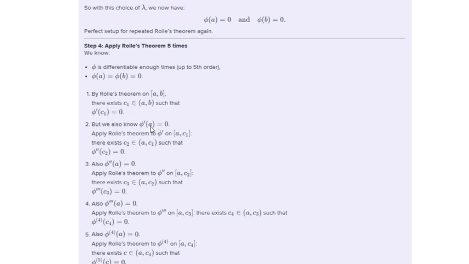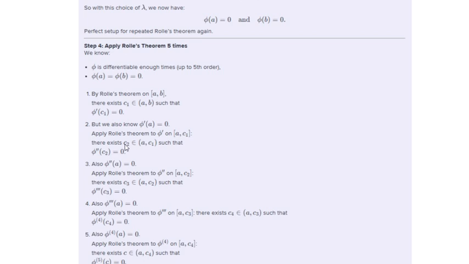Again we know that phi dash of a is equal to 0 and phi dash of c1 is equal to 0, and phi dash of x is continuous in the closed interval a comma c1 and differentiable in the open interval a comma c1. There exists a c2 such that phi dash of c2 is equal to 0. Similarly, we can go on like this, and we can say that the fifth order derivative at some c is equal to 0.